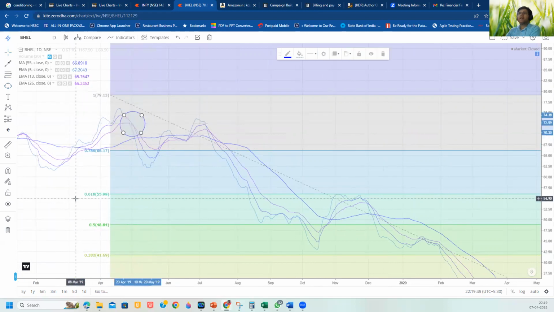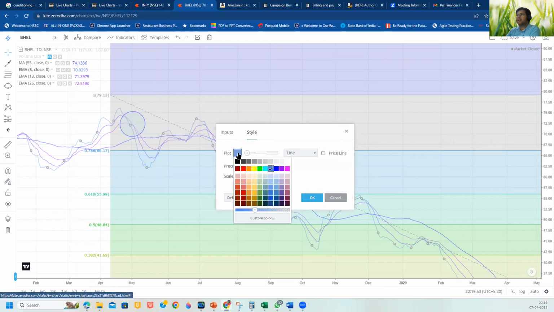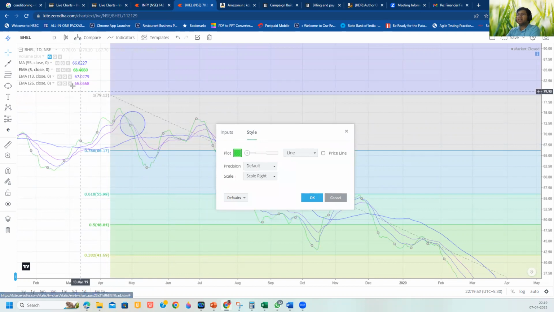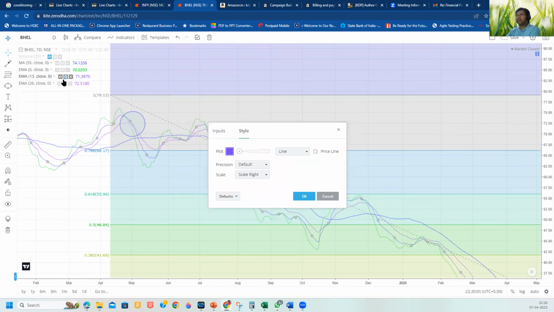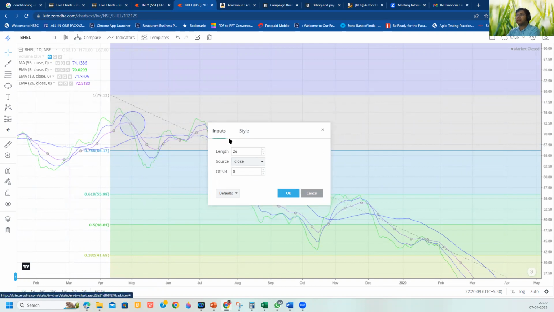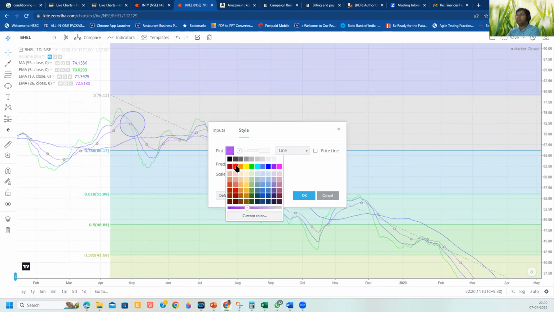Where the EMA 5 is the light green line. Okay, so this is confusing. Let me change the color so that it will be clear to everyone. So for 5, I'm choosing green, and then 13, I will say maybe blue, and then 26 we can keep maybe red.